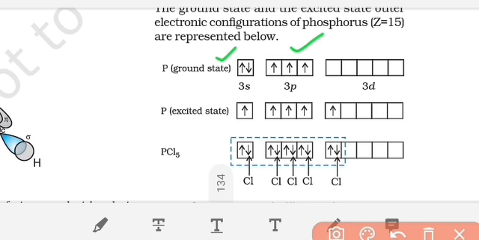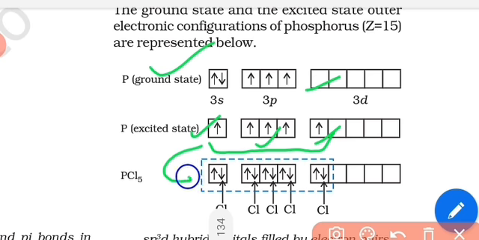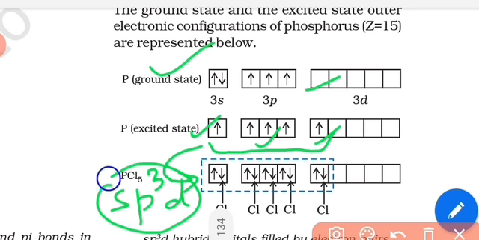In the excited state, one of the 3s electrons will go to the 3d subshell, and hence the excited state configuration becomes 3s1 3p3 3d1. After that, all these 5 orbitals combine and undergo hybridization, and we get 5 sp3d hybrid orbitals.